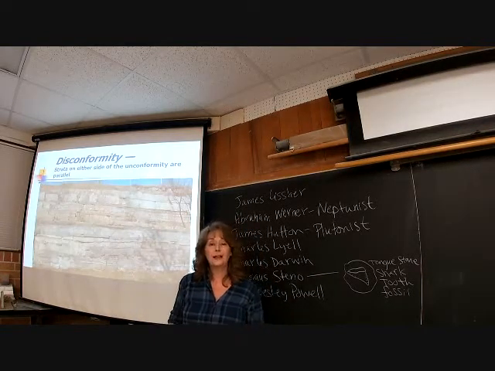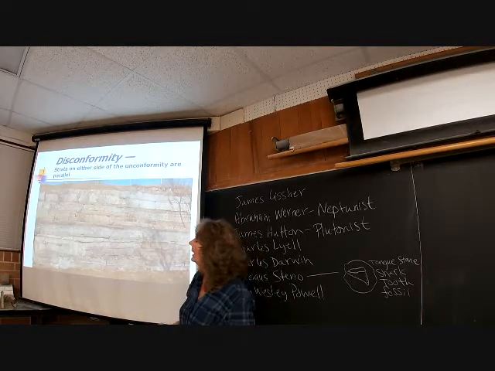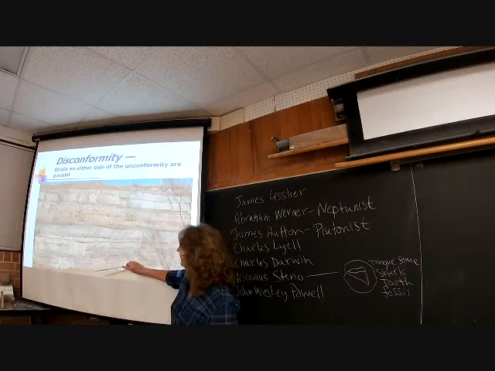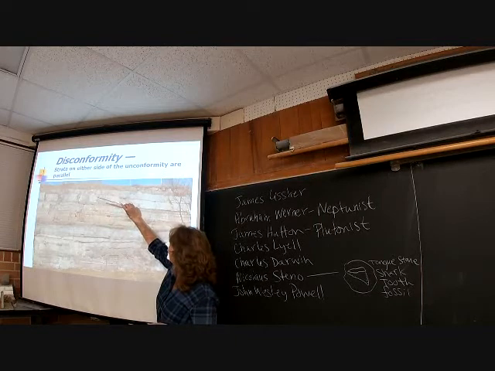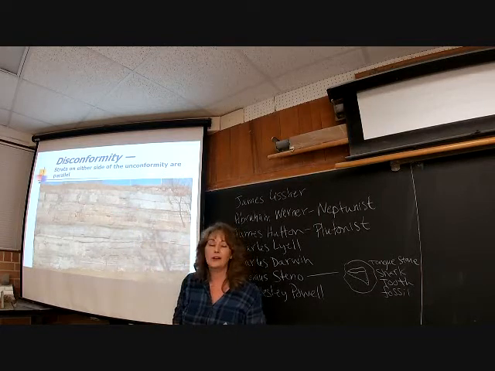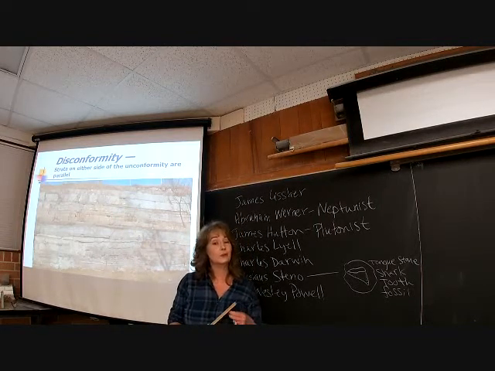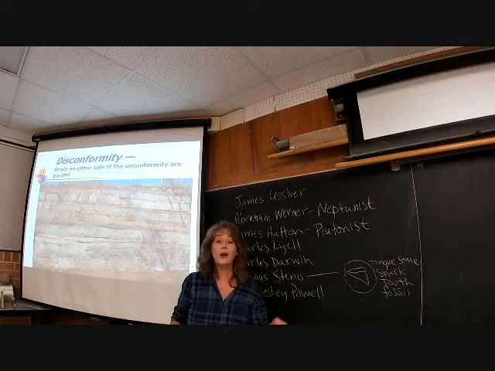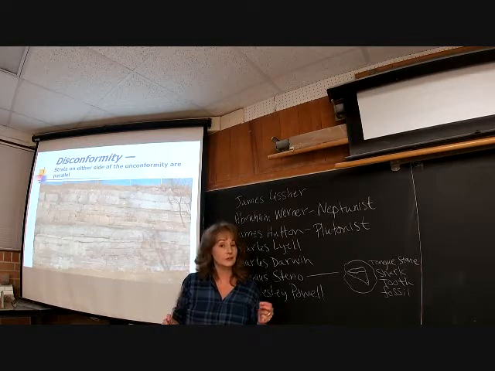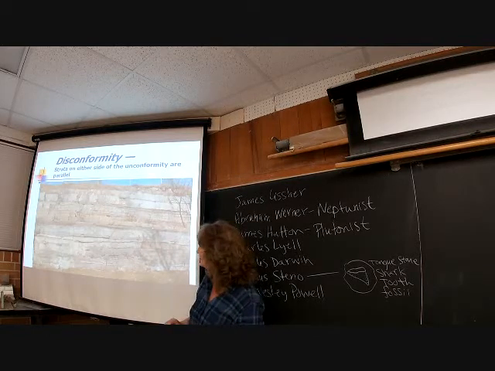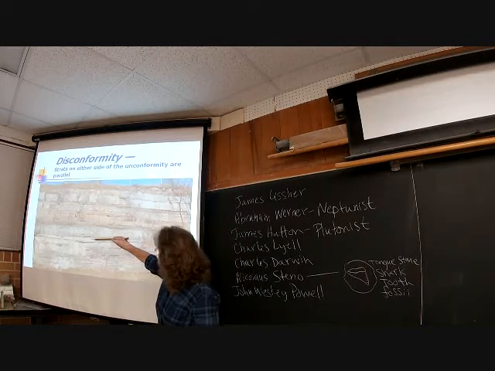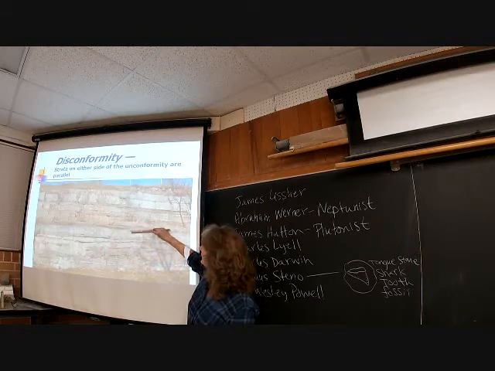Here's one we call a disconformity. And so you've got parallel strata, okay? They're nice and horizontal on either side of the unconformity. So there was a break in deposition or an erosional event that took some of the layers away, and then you had resuming of deposition. So a little gap in the rock record, and then deposition.